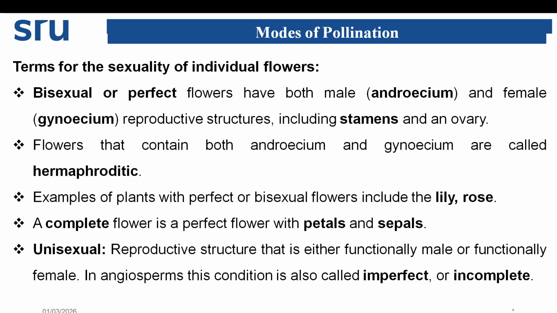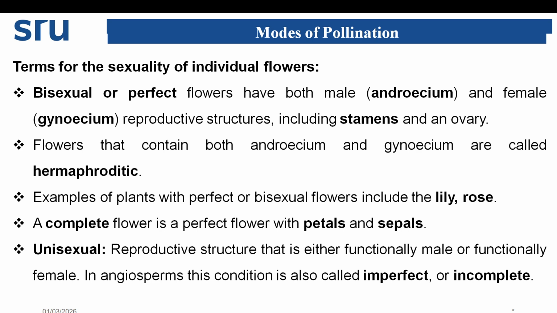Flowers that contain both androecium and gynoecium are called hermaphroditic. So a bisexual flower is also called a hermaphrodite flower.